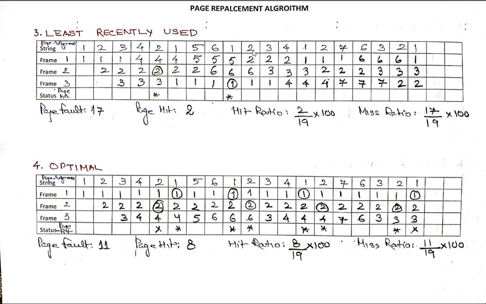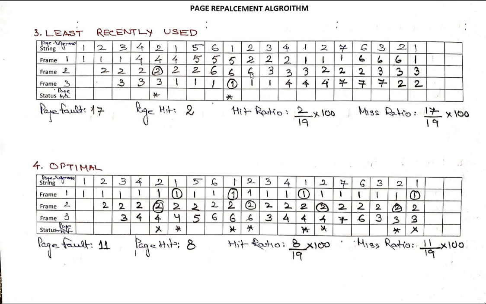When 2 comes, among 5, 6, 1, 5 has been there longer than 6, and as I told you, after the hit, this 1 is refreshed, and the same here, after the hit it becomes recent. So 5 is the oldest, so 2, 6, 1.